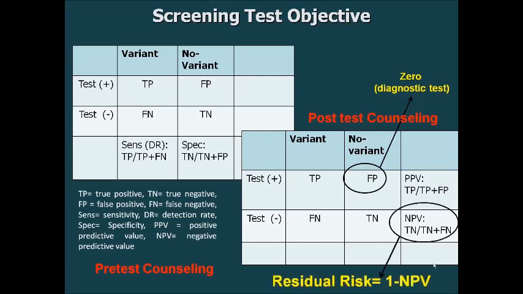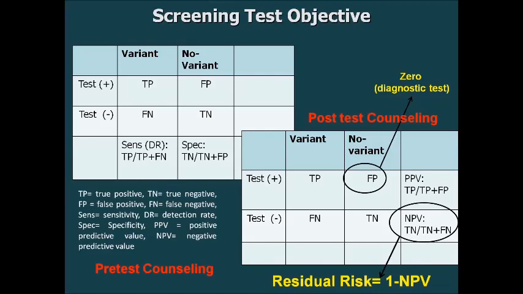Residual risk is defined as 1 minus the negative predictive value. If the negative predictive value is 100% or 1, the residual risk is 0. It means that this test performs perfectly with regards to the negative test result that a patient might receive.